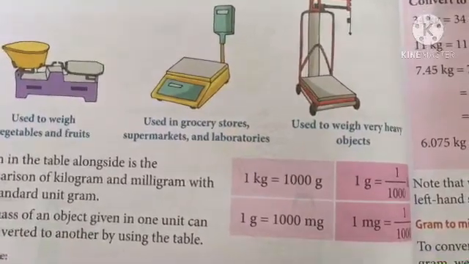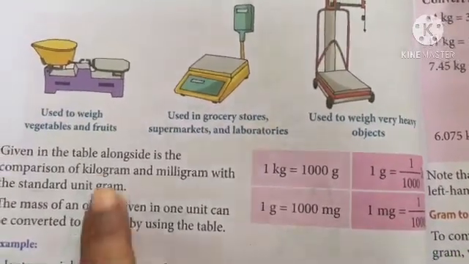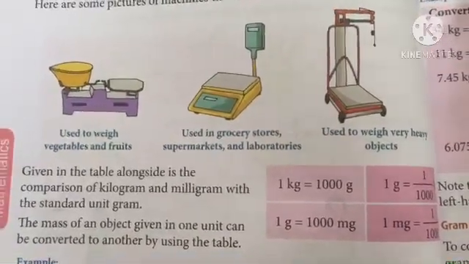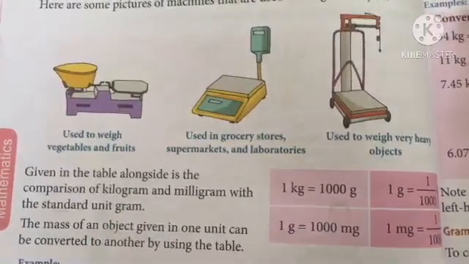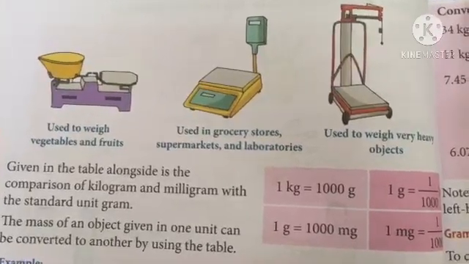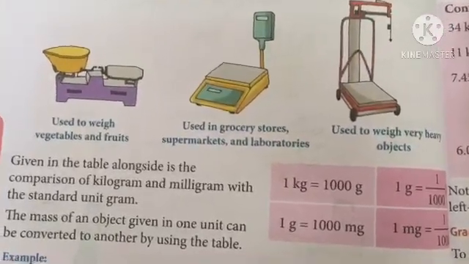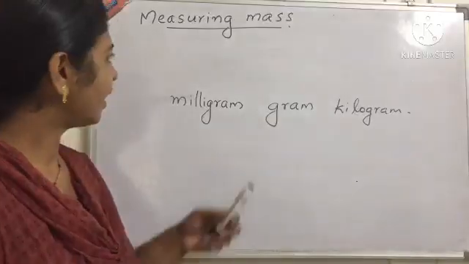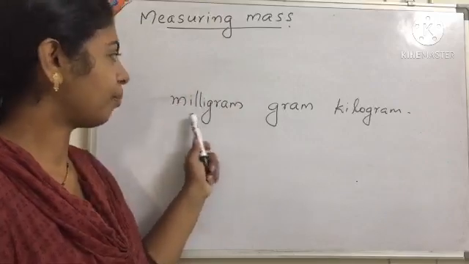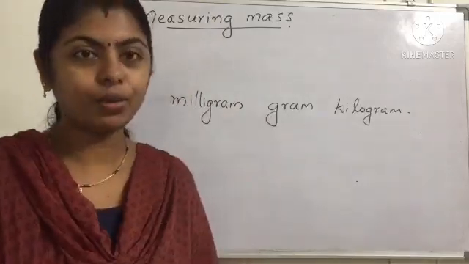Okay, then these are the machines too. Some other machines also are there. Then these are the machines used to measure the weight of the objects. Okay, then I told you the units of measuring mass are milligram, gram and kilogram.